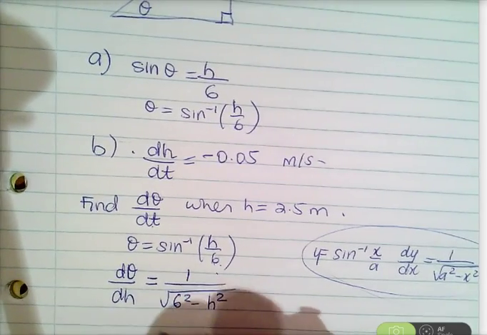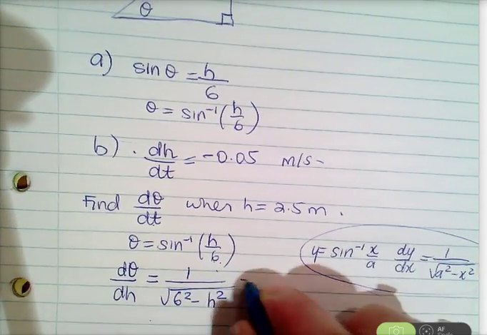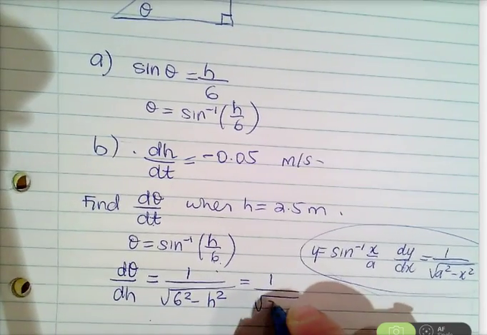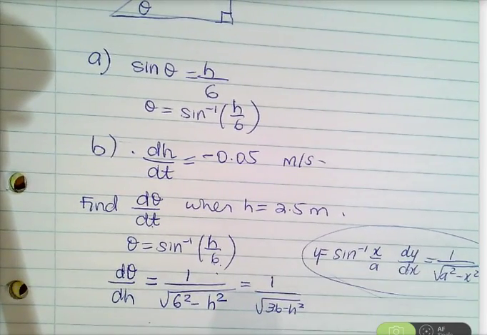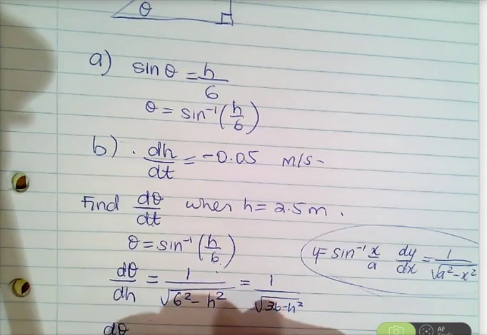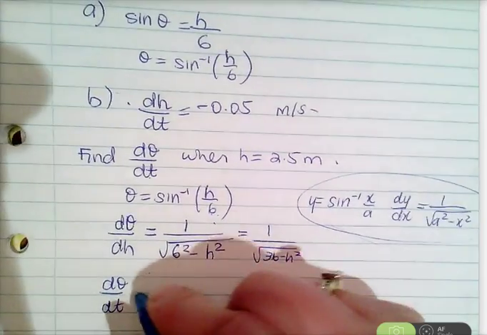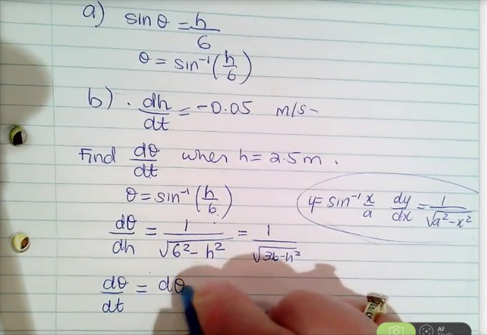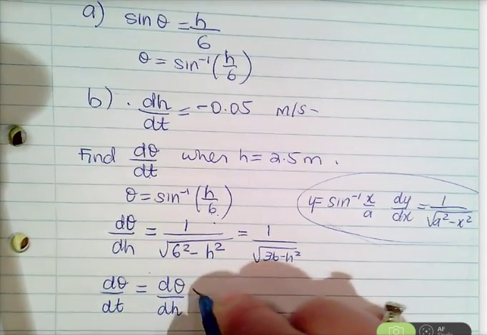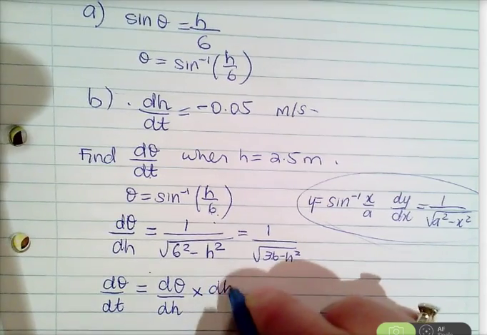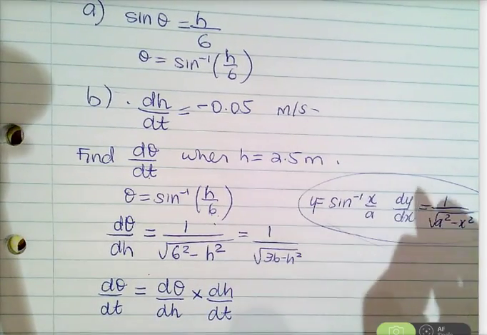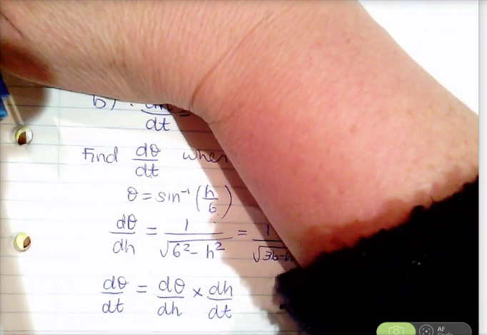Okay, so that is 1 over the square root of 36 minus h squared. So therefore, d theta dt is going to be d theta dh times dh dt.